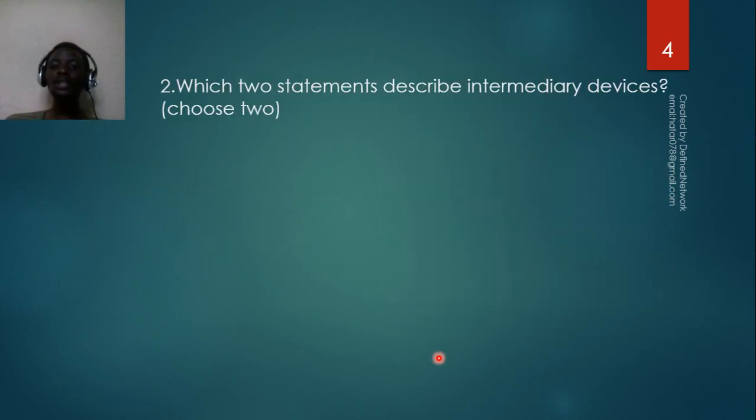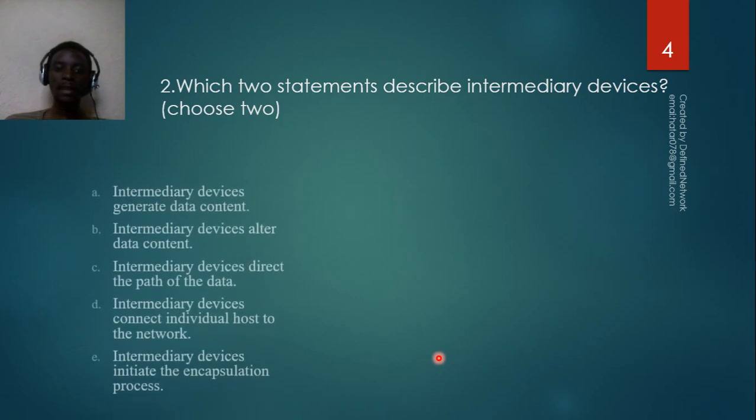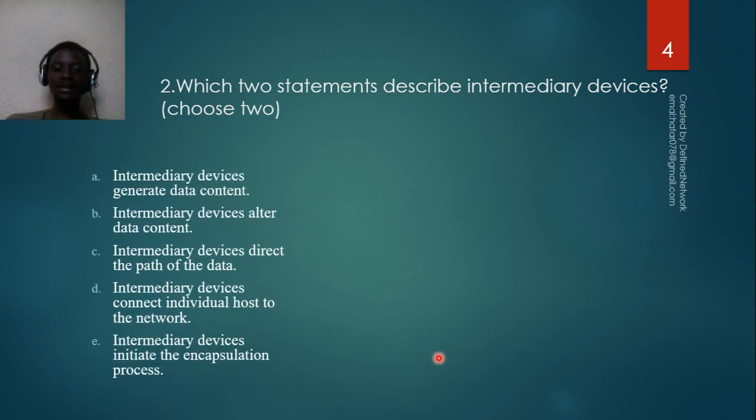Question number two. Which two statements describe intermediate devices? Among these definitions about intermediate devices, which statements are correct? Intermediate devices generate data content. Intermediate devices route data content.